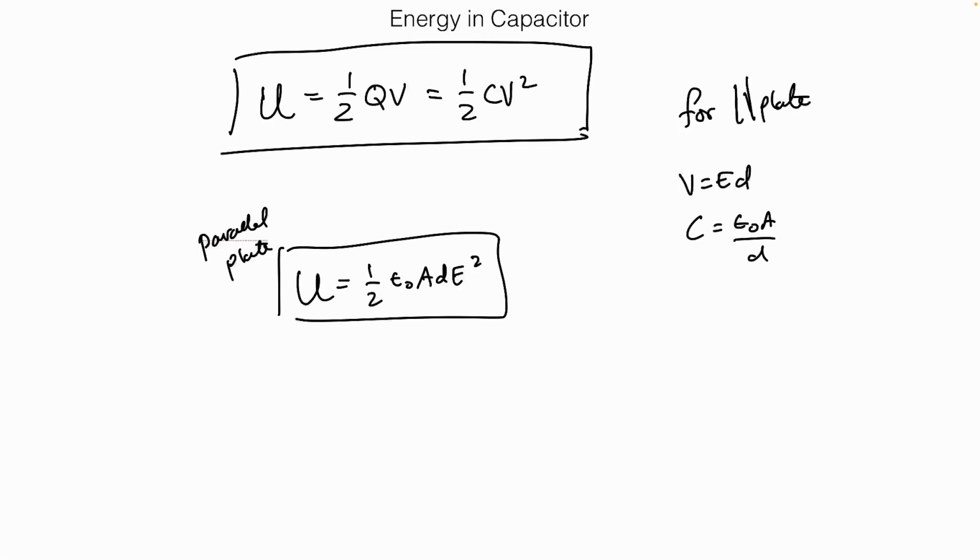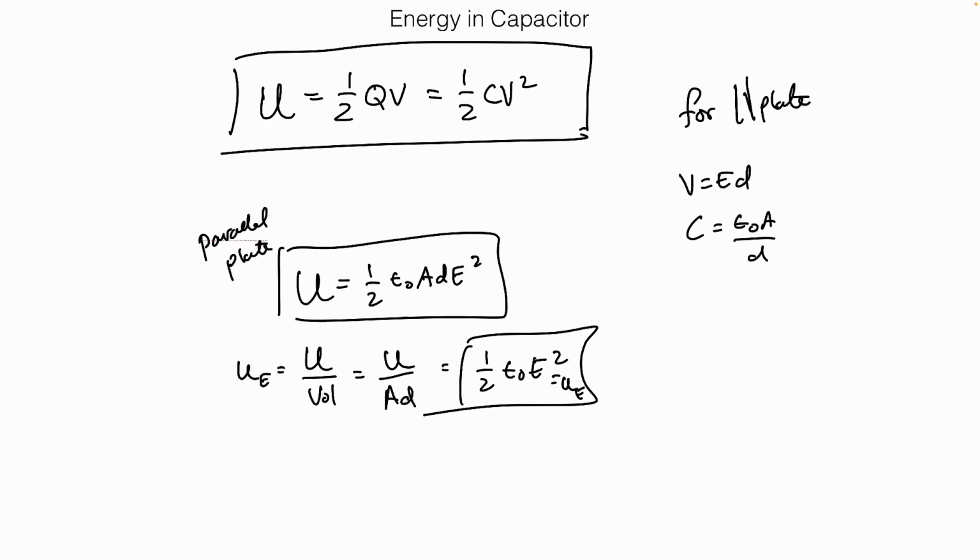Sometimes you're asked about energy density. Unfortunately, the symbol for that is a lowercase u. It's literally the energy divided by the volume, okay? And since volume can be written as an area times a separation, it turns out that energy density can be written as 1/2 epsilon naught E squared.